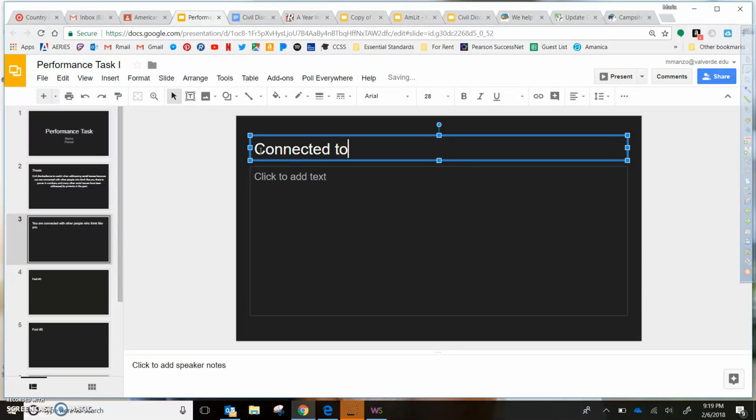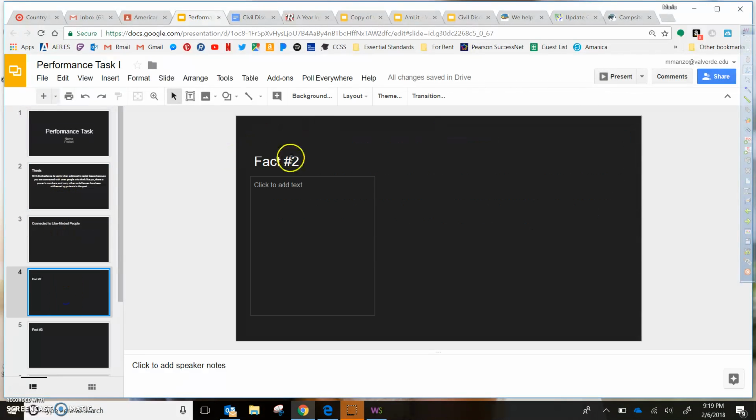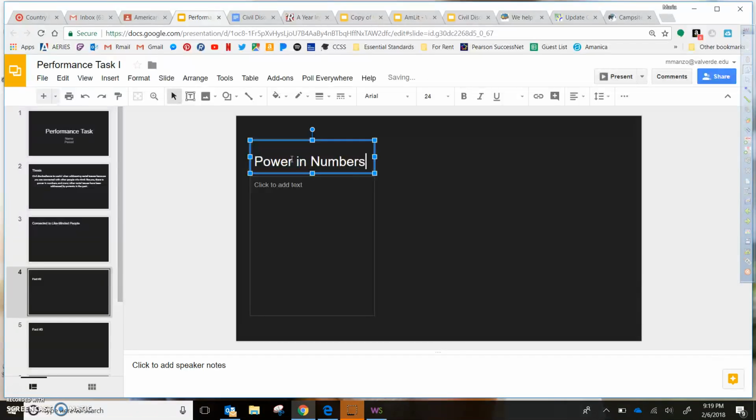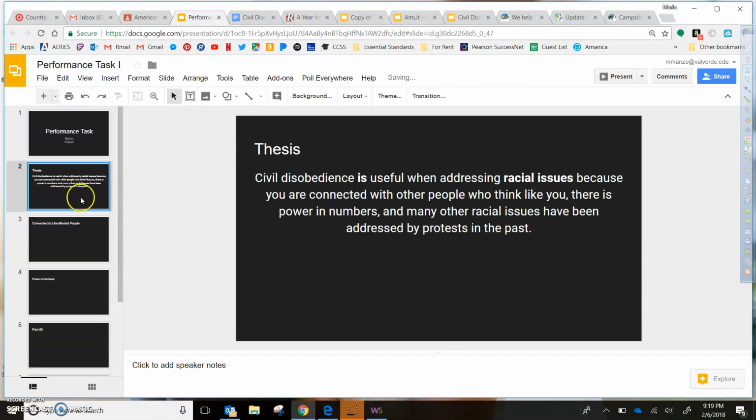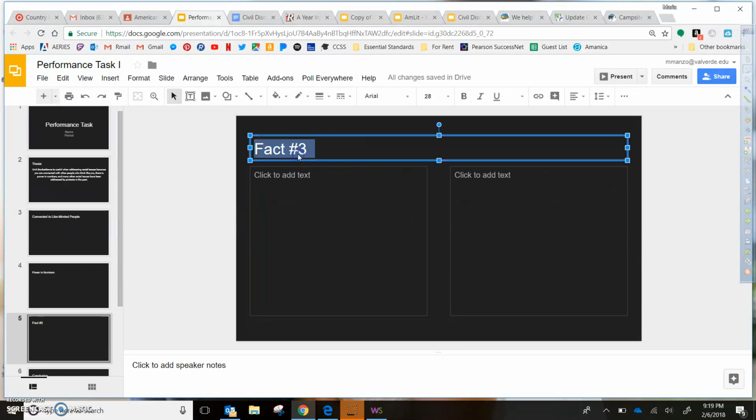So: connected to like-minded people. And then the second thing I want to talk about is power in numbers. And then the last thing that I'm going to talk about is how other issues have been fixed by protests in the past.